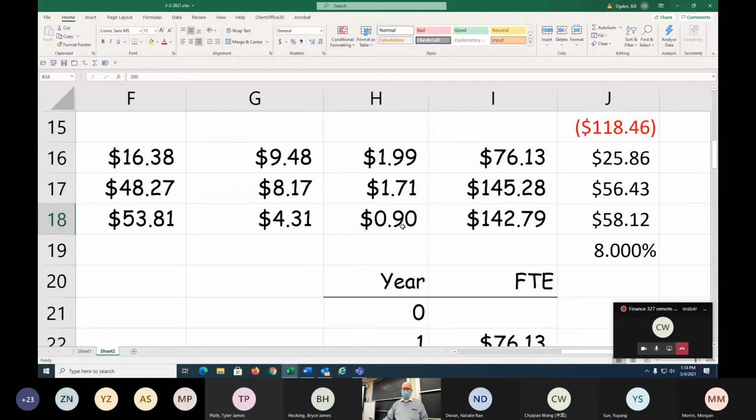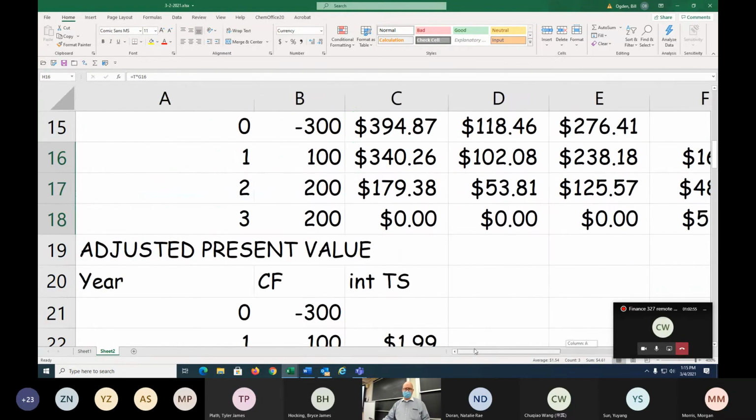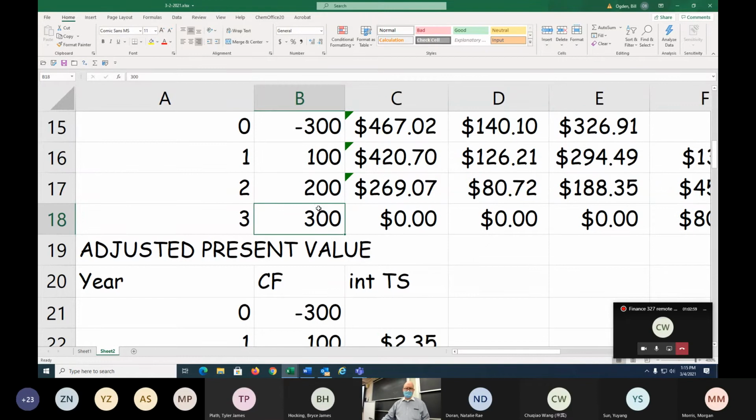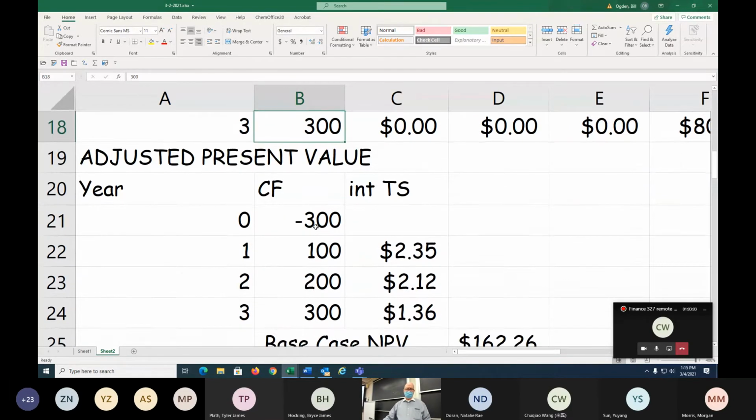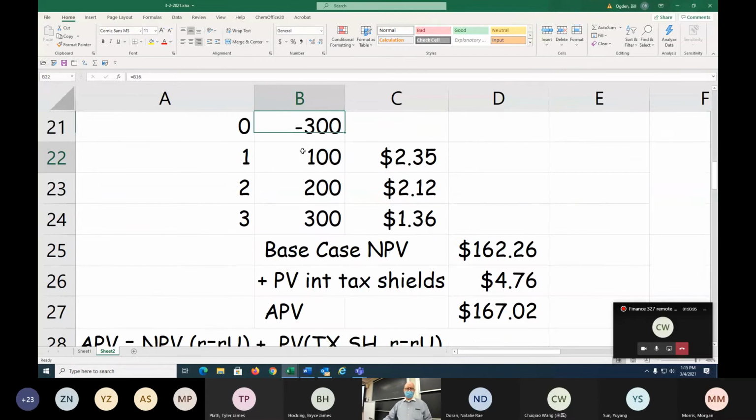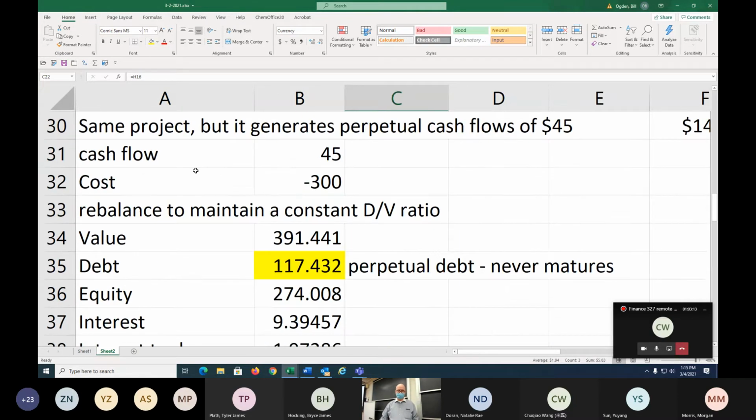They just changed. So these tax shields exactly track the cash flows. And that is precisely why, I'll get this one back to where it belongs. That's precisely why we use the same discount rate in the APV on the cash flows as we did on the tax shields.